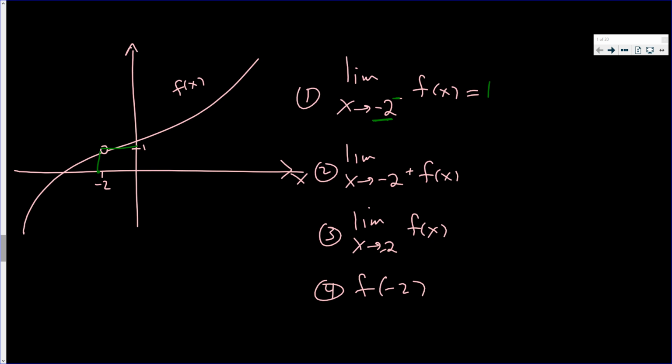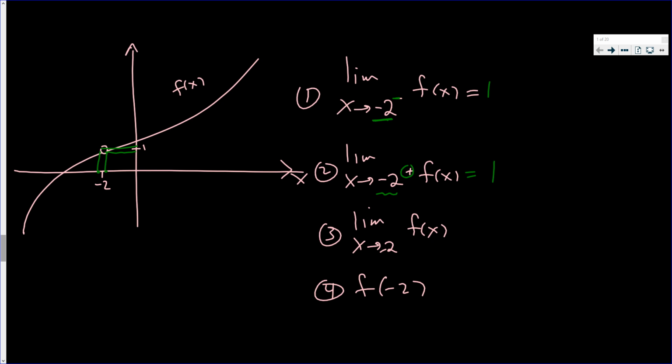And that's the answer. What if I'm not -2, but a little bit more than -2? Like right here. Well, this time I'm going to be a little bit lower. I'm going to be just below 1. Okay, just below 1 for limits is 1.